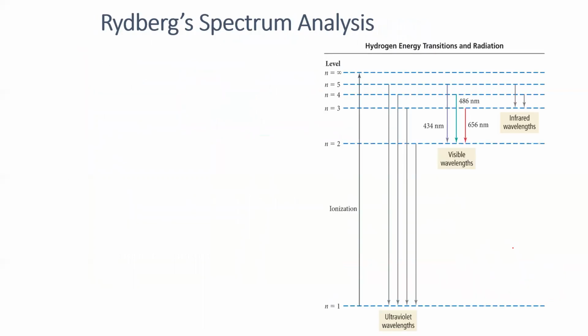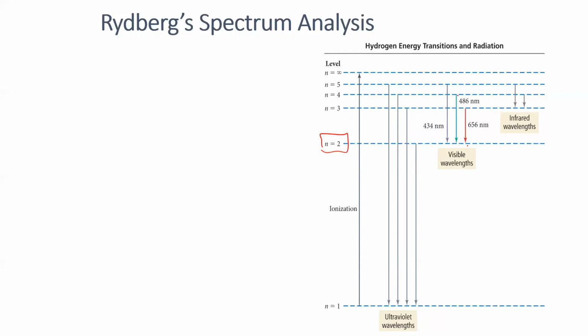So when we were looking at the line spectrum, we were just seeing transitions falling into the second energy level. Why? Those happen to be within the visible region. Those energy differences, so again, from third to second was the least amount of energy, so we saw the longest wavelength of red light.